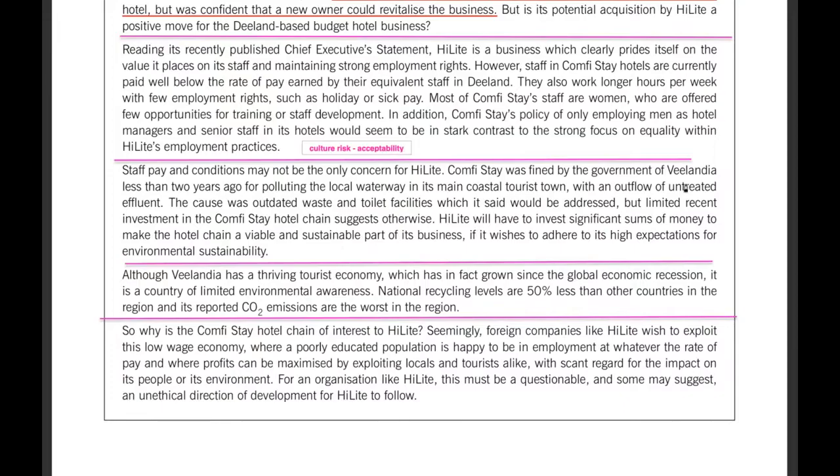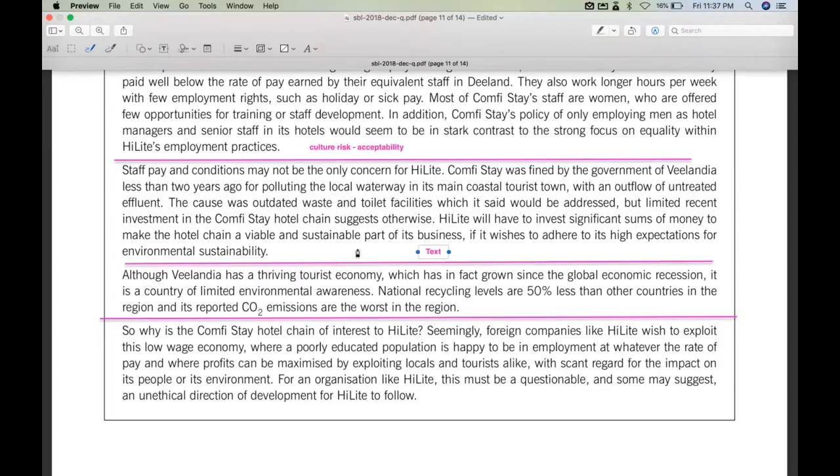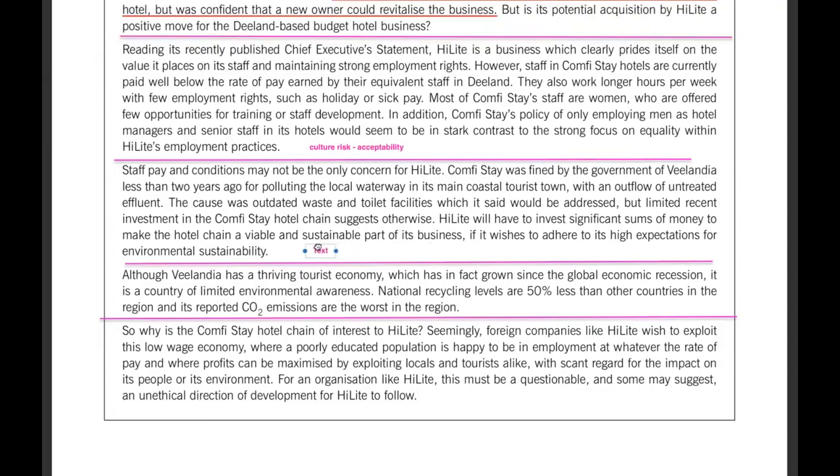Comfy was fined by this particular government for polluting the local waterway in its main coastal tourist town with an outflow of untreated effluent. The cause was the outdated toilet facilities, which it said should be addressed. Basically, this is addressing your press conference talking about the sustainability just now, that's question 2A.